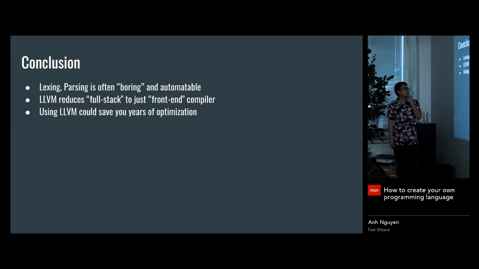But I think LLVM is nice, and C is a simple language in the sense that there are not so many features, and you can actually drop in code to the C function using LLVM, and it could save you years of optimization, which is actually the hardest part of writing a compiler, the backend. If you use this framework, then it will take care of that automatically for you.